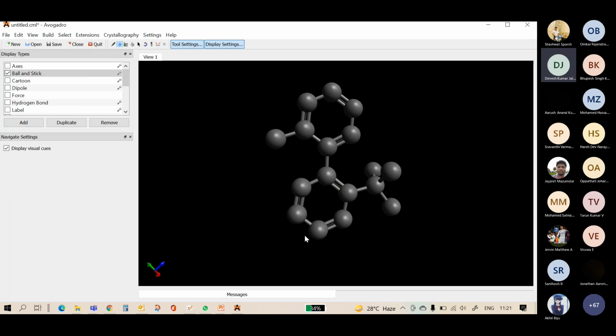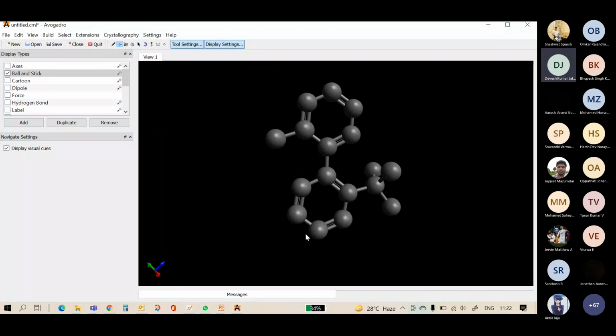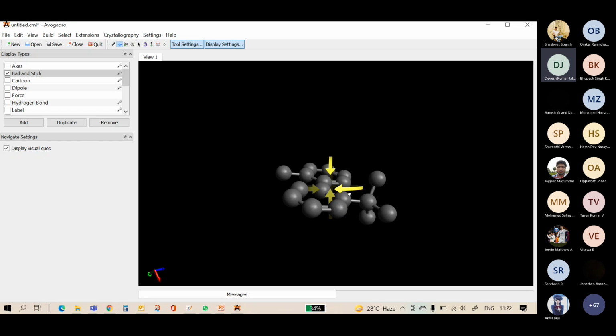These are the questions that computational chemists deal with on a daily basis. Now, this is where computer modeling software like this can really be very helpful. A molecule like this, it doesn't matter whether it's taking this shape or that shape.